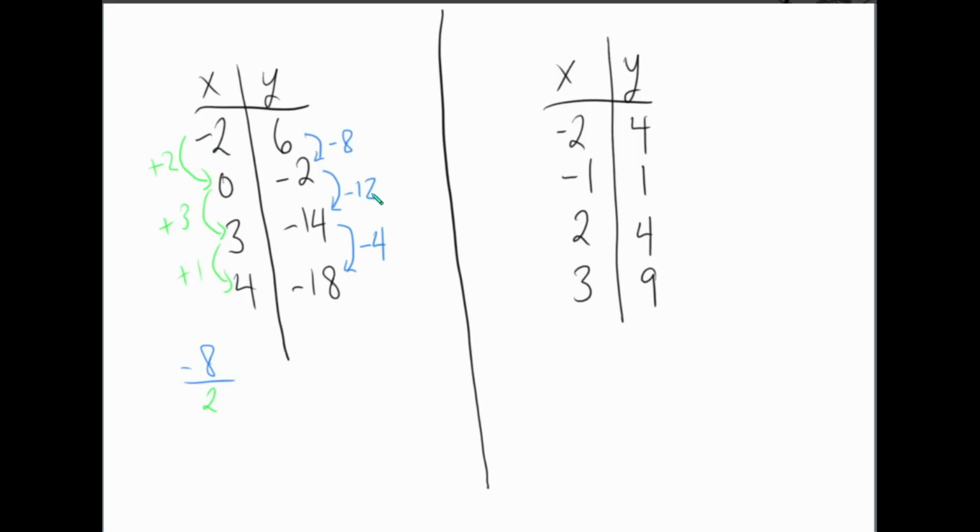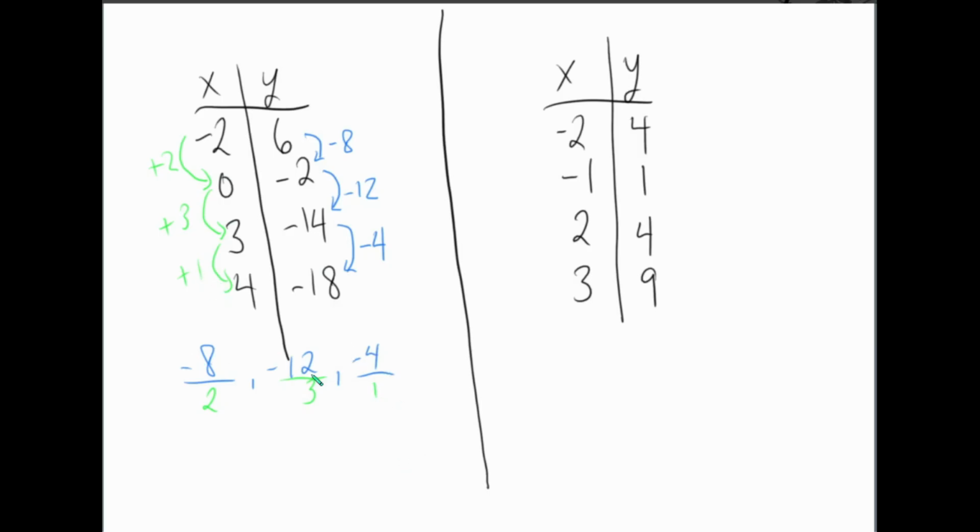My second change of y was negative 12. My second change of x was positive 3. My last change of y was negative 4. My last change of x was positive 1.